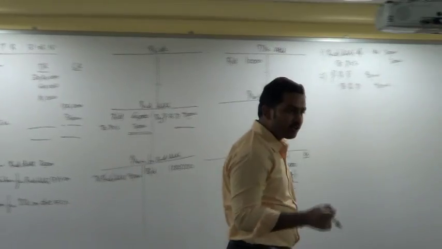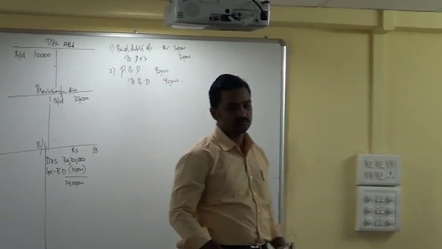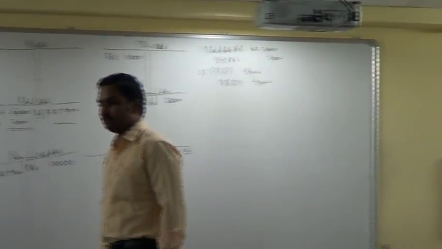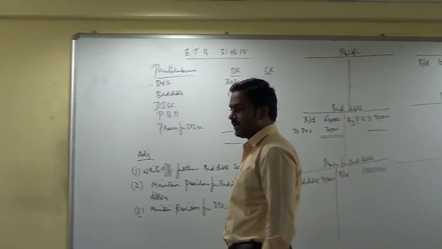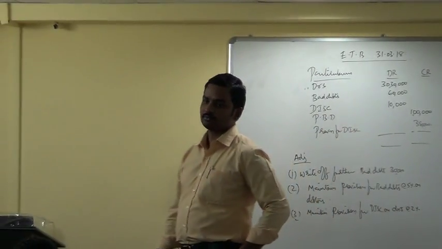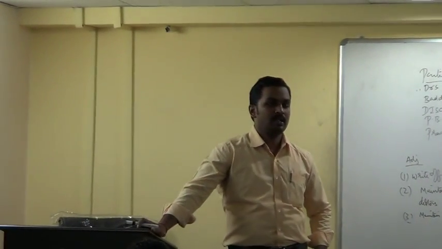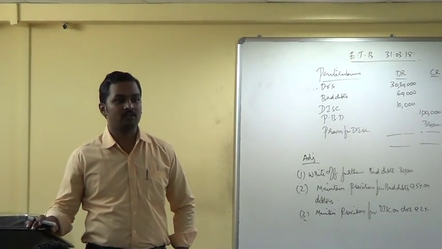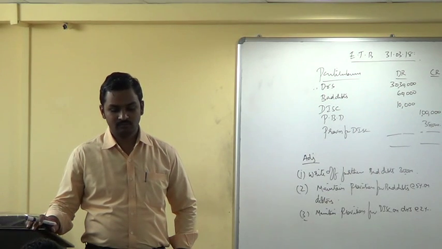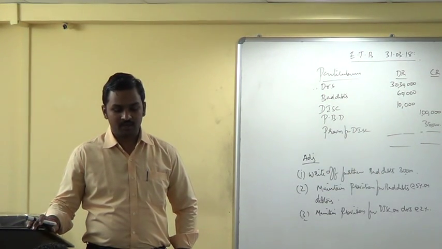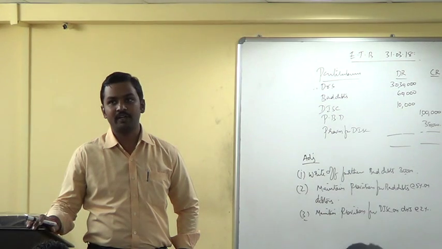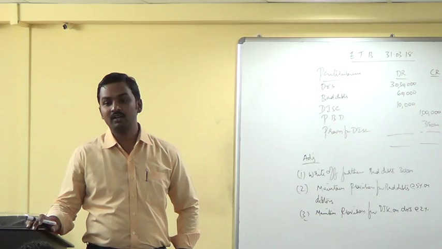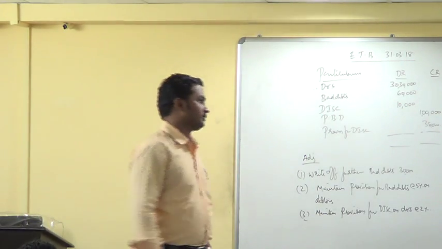I have already taught you a working note. Write down the working note: calculation of the amount to be debited or credited to the profit and loss account to maintain provision for bad debts.